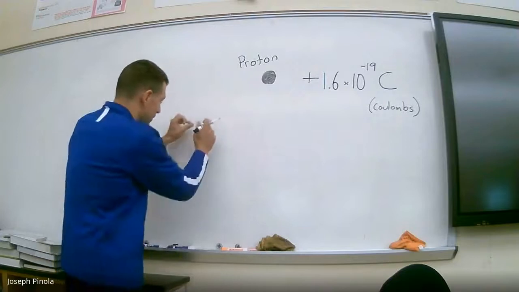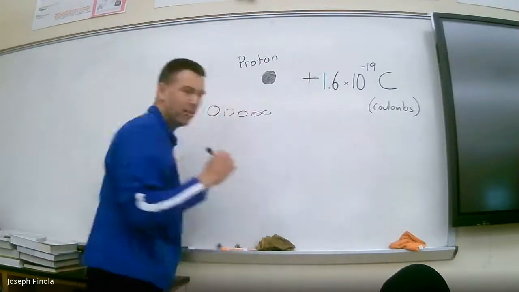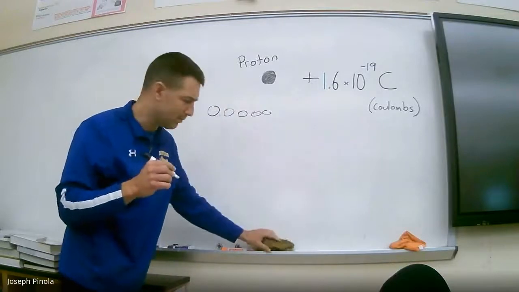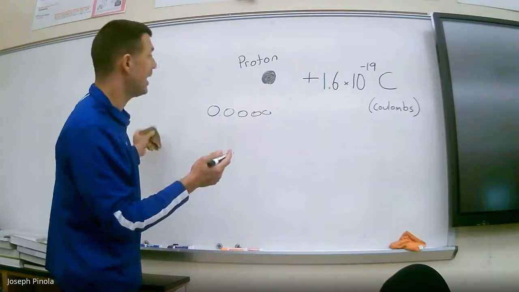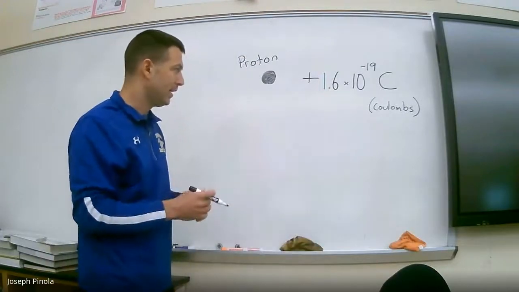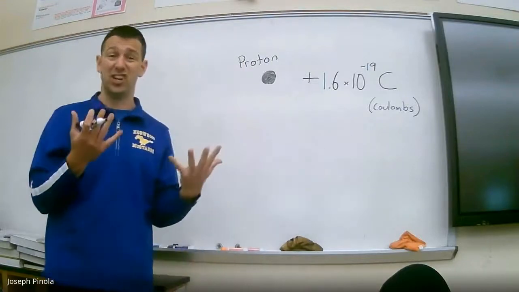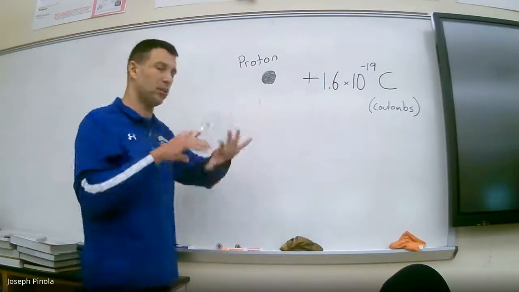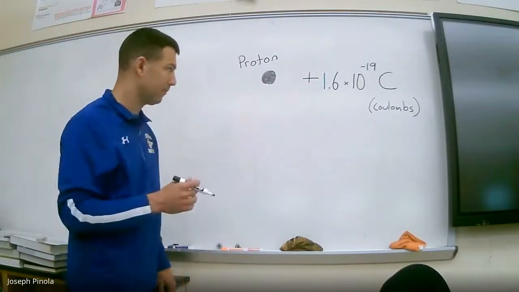That's like a decimal point and then a ton of zeros before we get to the 1.6. So I'm not going to go through and write out all the zeros. This is a very, very small number. That means that 1 coulomb is actually a lot of charge, and that would be a lot of protons put together to make up a single coulomb.